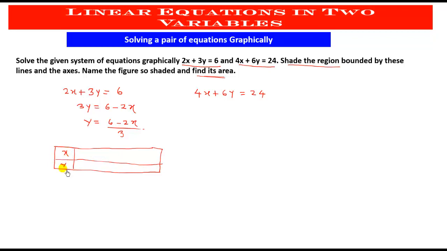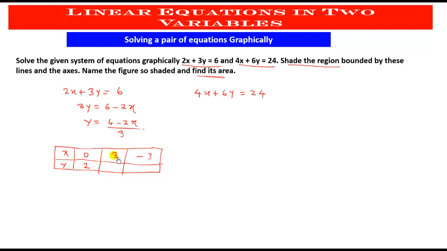X and y, we will assume the 3 values of x as 0, 3 and -3. Now put the value of 0 in this equation, so 2 zeros are 0, 6 minus 0 will be 6 upon 3, 3 2s are 6, so the corresponding value of y will be 2.